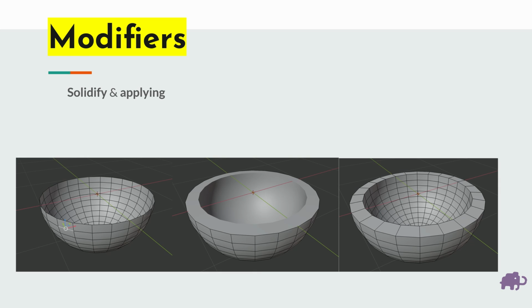So now we can learn about the wonderful world of modifiers. Does anyone want to take a guess what a modifier is? I have to refresh my memory on that one. I know what they are, but I don't know how to explain it. It is a little hard to explain. Special effects, maybe, on objects?